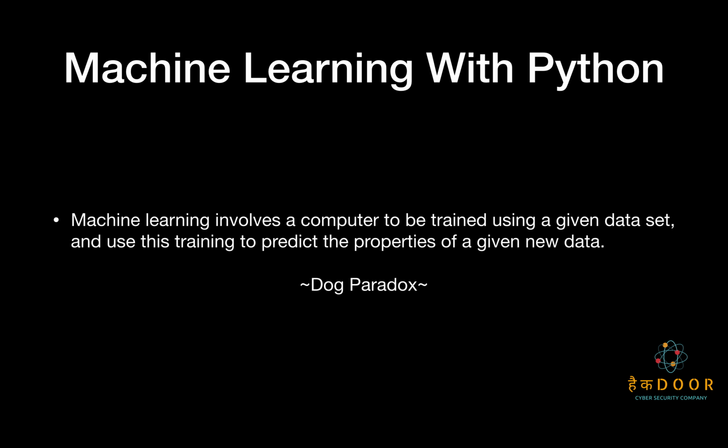Now, understanding what machine learning really is, we need to understand that machine learning involves a computer being trained by providing it a data set, and then this training is used to predict the properties of a new data set. To understand this process more thoroughly, let us take an example where we feed 10,000 images of a dog to a system, and feed another 10,000 images that are not of a dog to the same system.